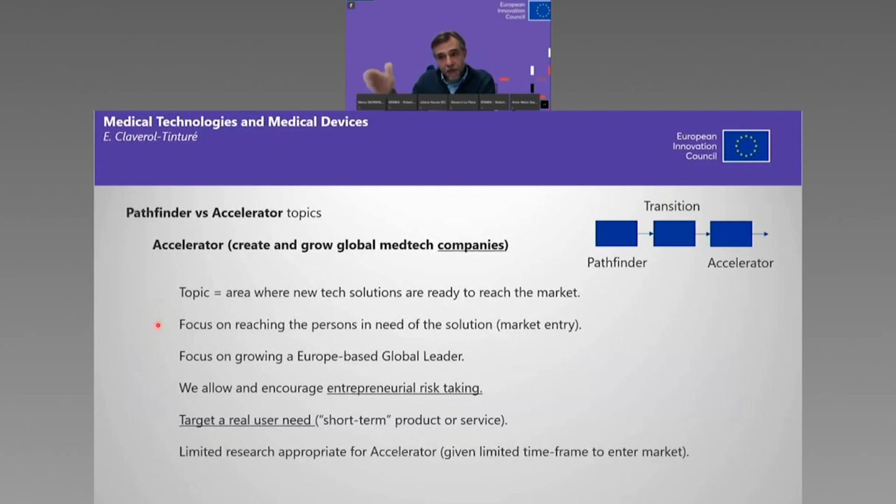But that big step can only happen if you find co-investors at the level of Accelerator. So if you finish Transition and you're not ready for the venture capital industry to co-invest with us, you will have a hard time trying to get into our Accelerator phase. So it's very important that you see Transition in that context.